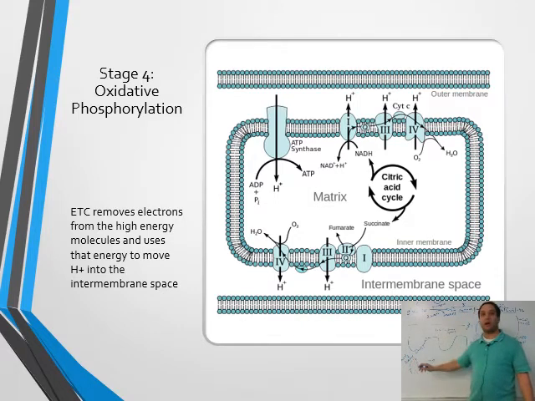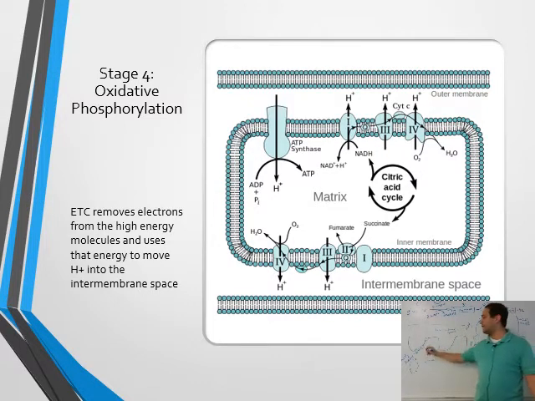These drop off a highly energetic electron. So if the electron is moving from here to here, what has this molecule been? It's reduced because it's gaining the electron. So this picks up an electron. All right? That electron can do work.